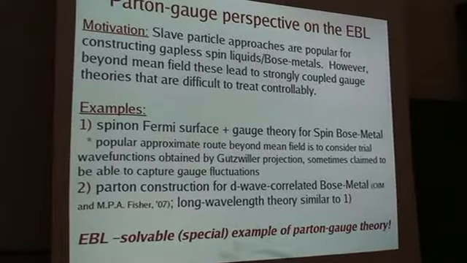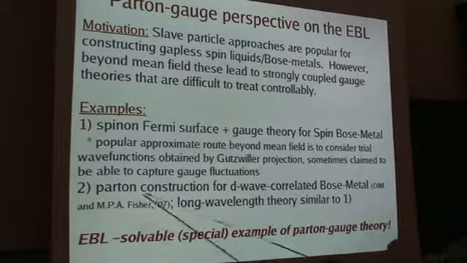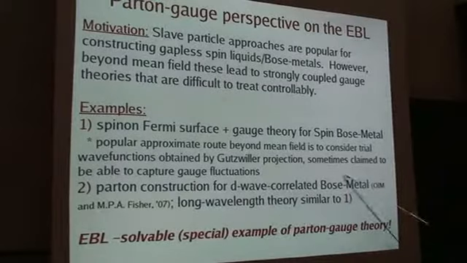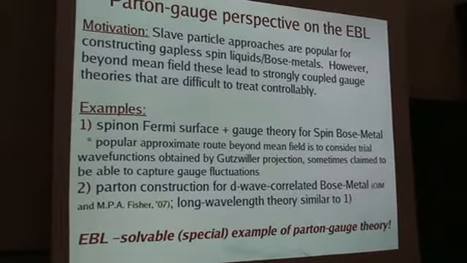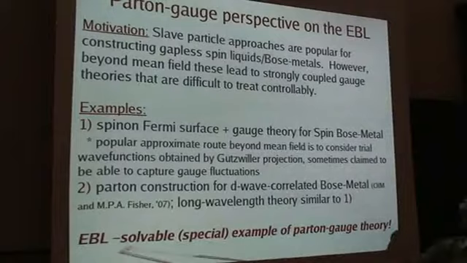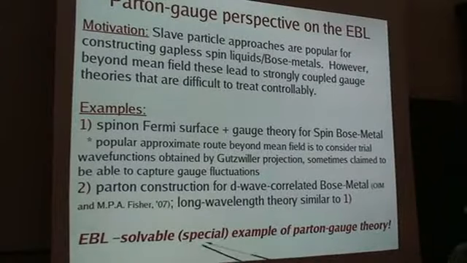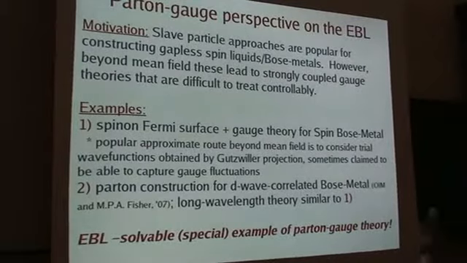The particular parton slave particle construction which I will discuss is also related to our work on this D-wave correlated Bose metal, and I want to argue here that EBL can be viewed as a special solvable example of parton gauge theory with gapless partons and gapless gauge field.